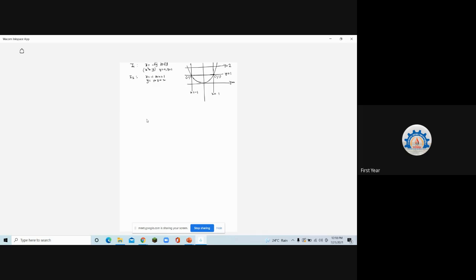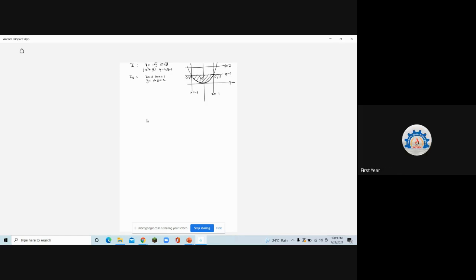Clear? Diagram? Yes, ma'am. Now tell me, which region is I1 and which is I2? The bowl shape is I1. This is I1, correct.